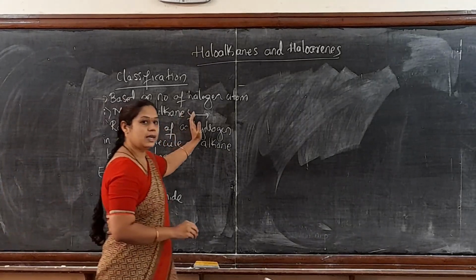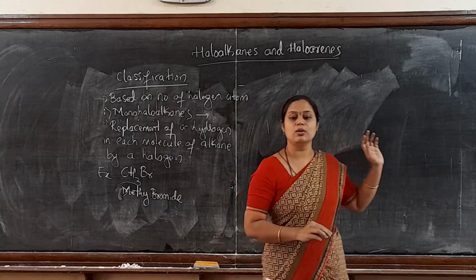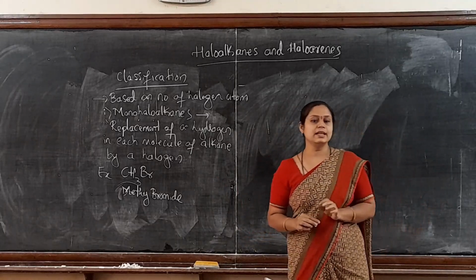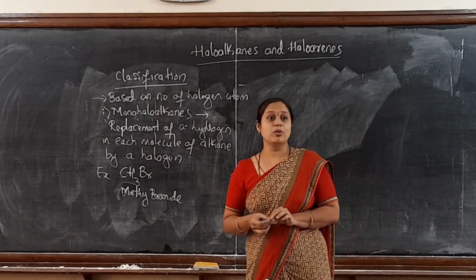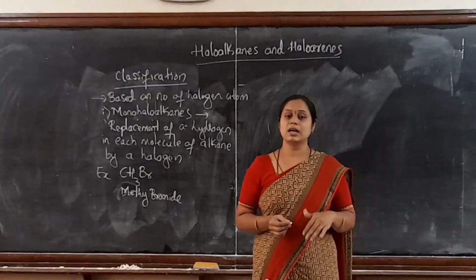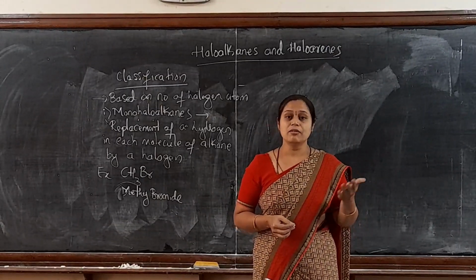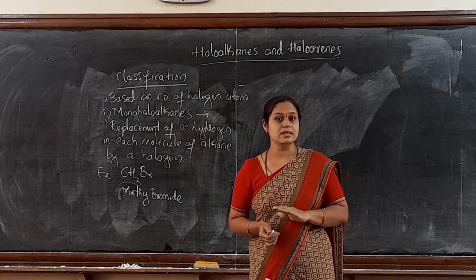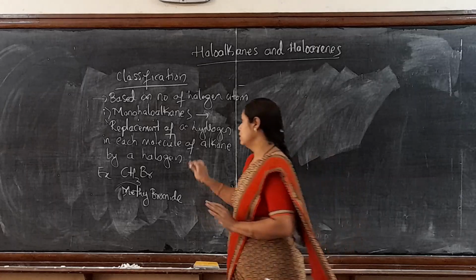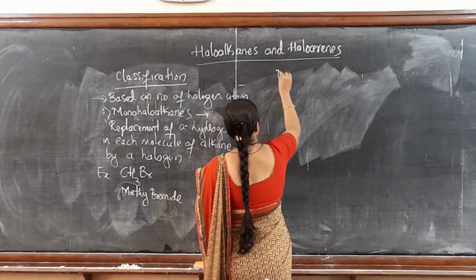Again, these monohaloalkanes have been categorized into three types depending upon the carbon the halogen atom is attached to, whether it is a primary carbon, secondary carbon or a tertiary carbon.